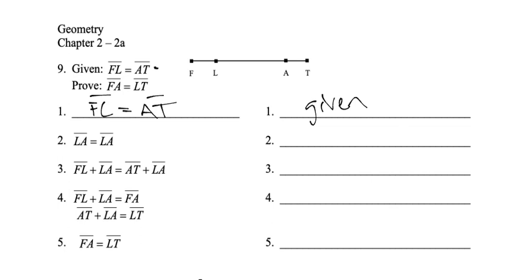So when I say segment LA equals itself, that's the reflexive property in algebra. It kind of came out weird, but you need to know that one. Now, whatever it is that we're writing, that F looks kind of weird.